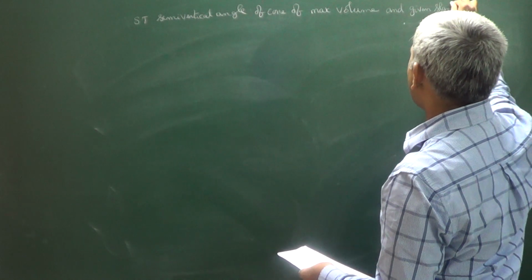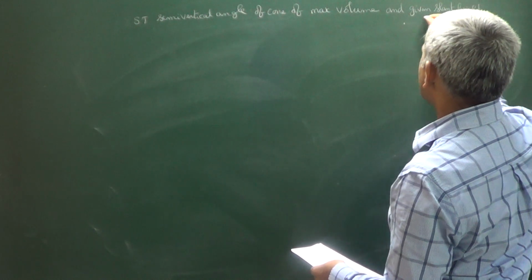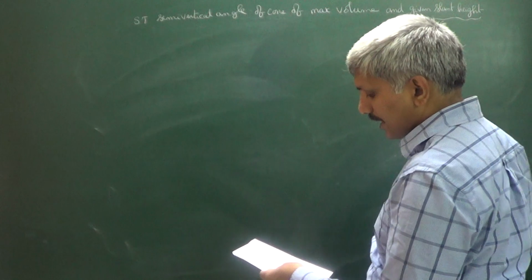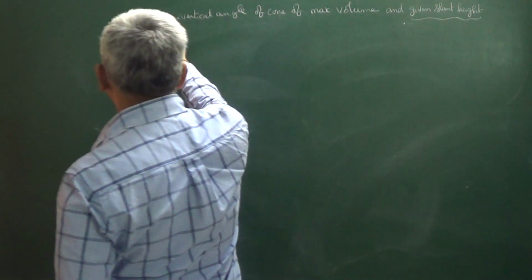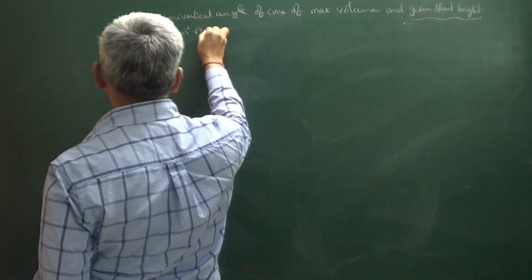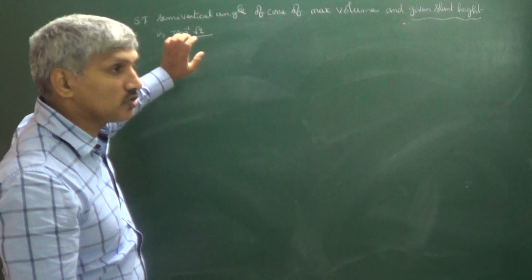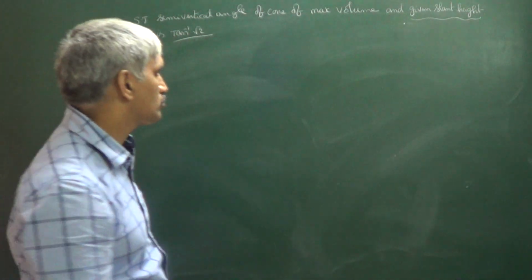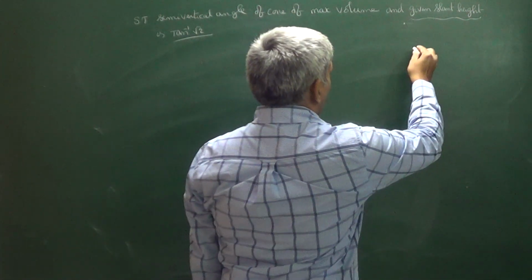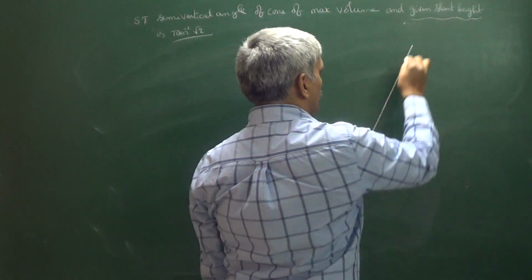Given slant height means we can take the slant height as a constant. So we have to show that the semi-vertical angle is equal to tan inverse of root 2.